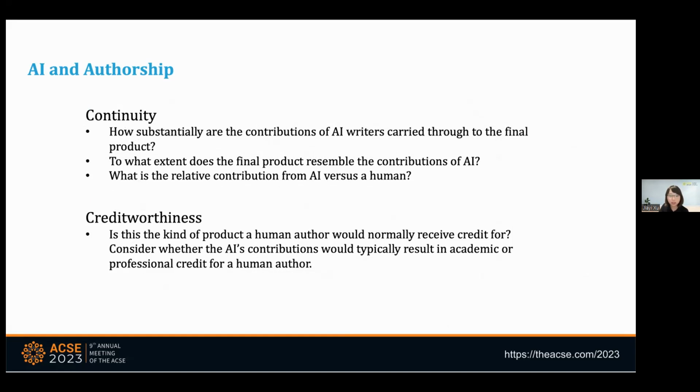And what's the relative contribution of AI versus a human? And the second part is about creditworthiness. Is this the kind of product a human author would not receive credit for? Consider whether the AI's contribution would typically result in academic or professional credit for a human author.